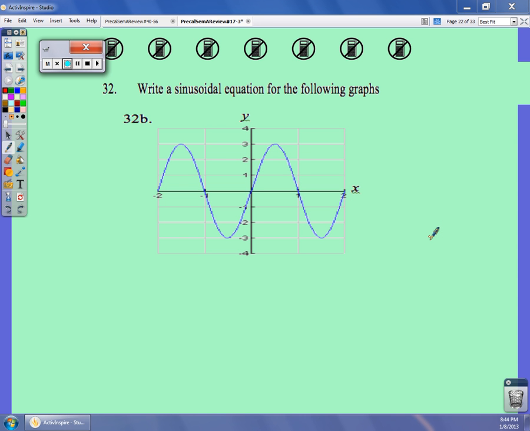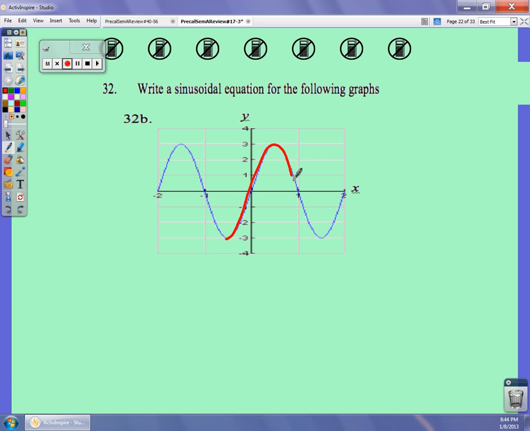In 32b, again, we need to write a sinusoidal equation. In this case, we easily have two choices. We could write a cosine equation, which I see here.